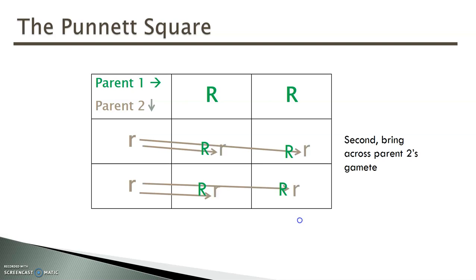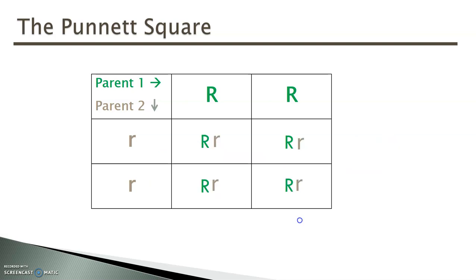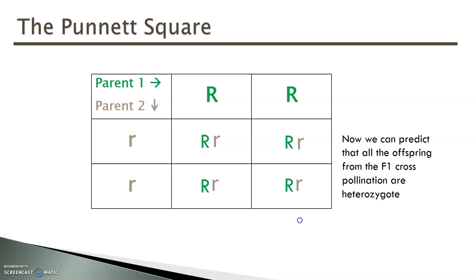So again, in this case, every single child is going to get a recessive gene from parent 2, which means in this situation, all of the children end up the same. So our hypothesis is that all of the children are going to end up as heterozygotes, big R, little r. Now, as you do different types of Punnett squares, you will find that this is not always the case, but this is the example that I want to talk about.